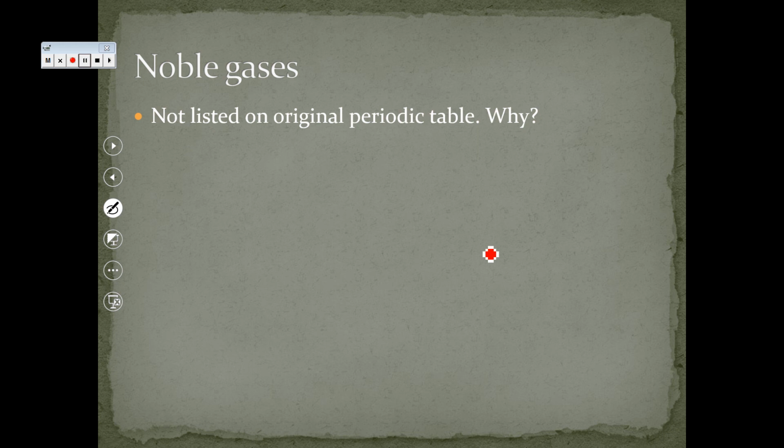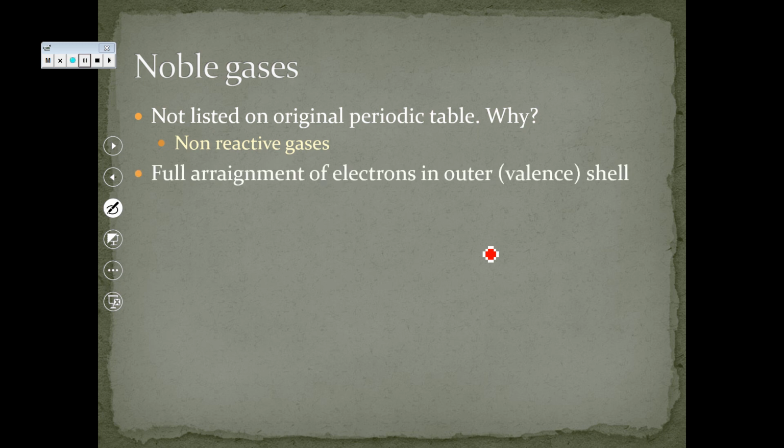Noble gases. Noble gases were not listed on the original periodic table. Why do you think that is? Because they did not react with anything, so it was hard to tell their existence. They have a full arrangement of electrons in their outer valence shell.